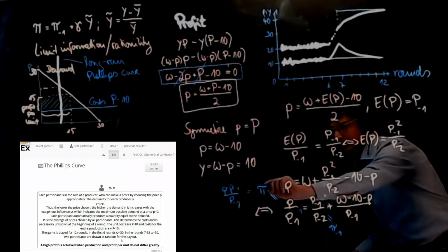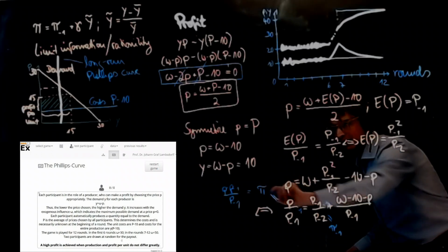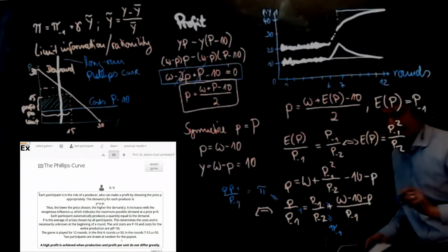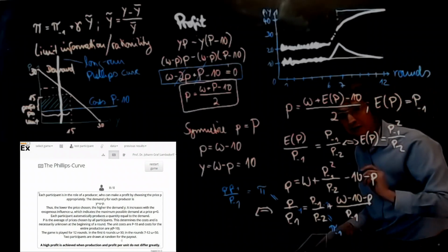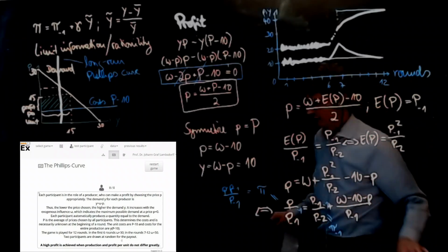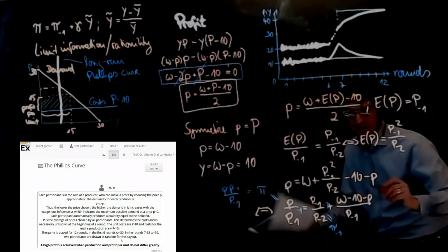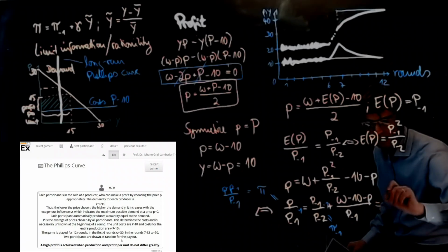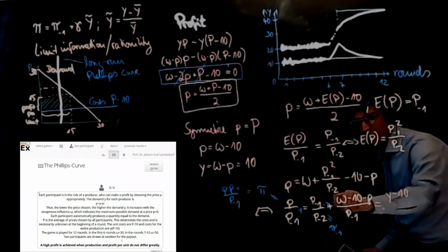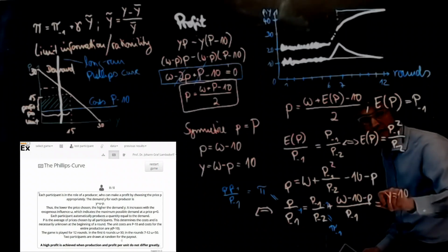This is the pi. This is the pi here. This is pi minus 1 here. And this, well, what's this? This is y minus 10. Because here's the omega minus the p, that's production y.